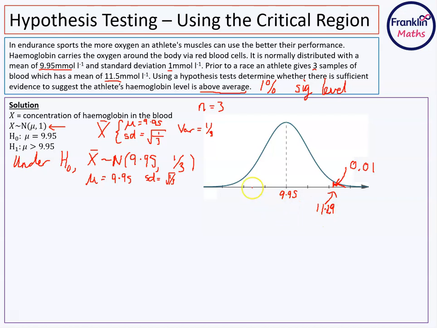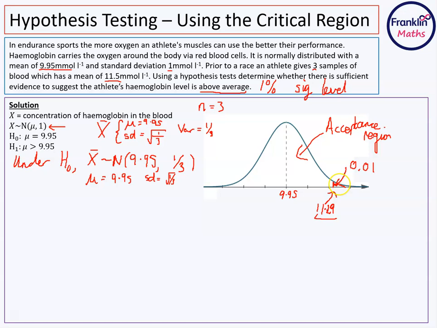Okay, so let's have a look then. So at the 1% level, it was 11.29. So we need to ask ourselves the question then, is whereabouts is 11.5? Is it in here, what we call the acceptance region? Remember, that's where we accept H0 in there.